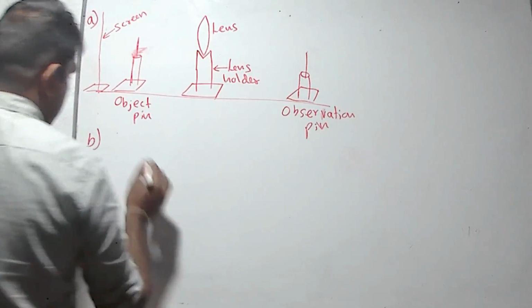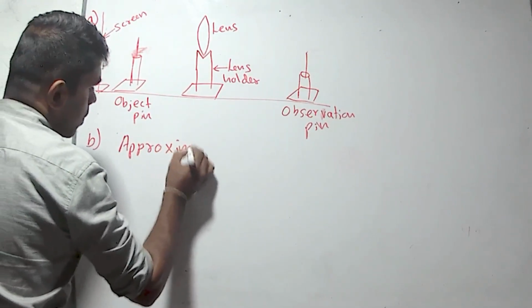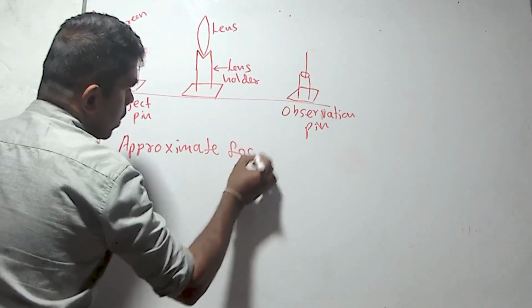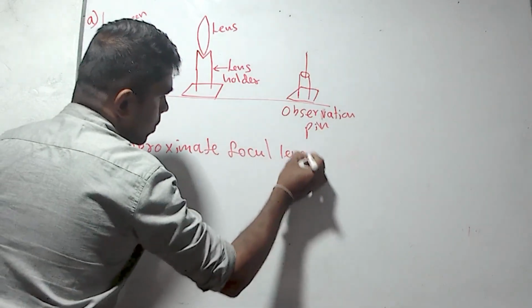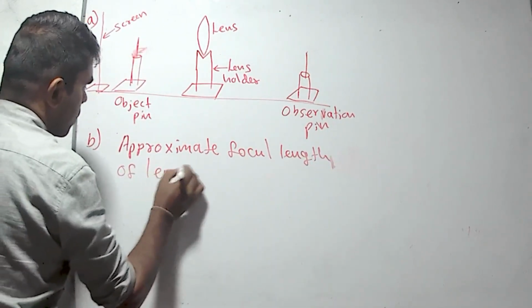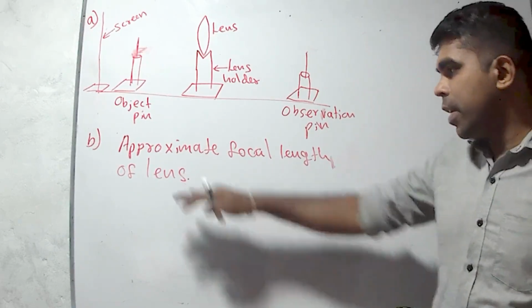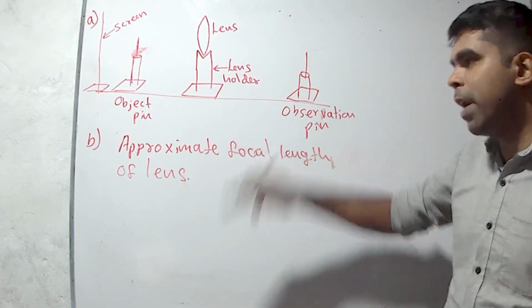The required data is the approximate focal length of the lens. Then we have to write the method by which we can find the approximate focal length.